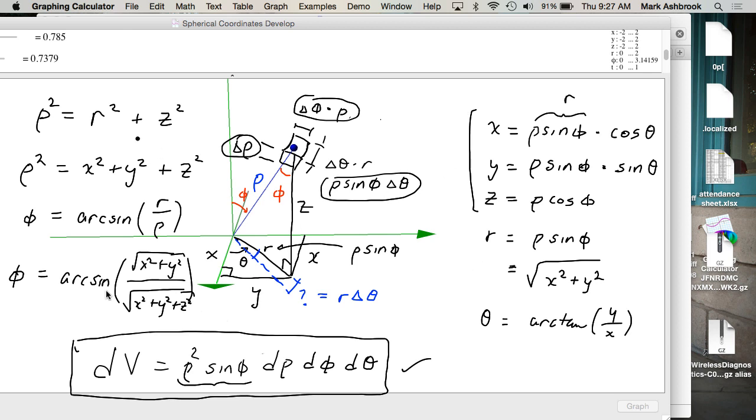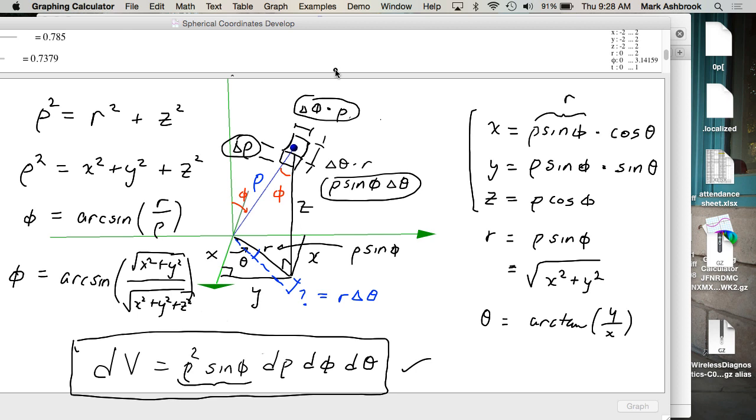Given rectangular coordinates, can you switch into spherical? Given spherical, can you switch into cylindrical? Given rectangular, can you switch into cylindrical? You've seen examples like that already. But we've got all these relationships over here, and these over here. Ready for an example? Any questions?